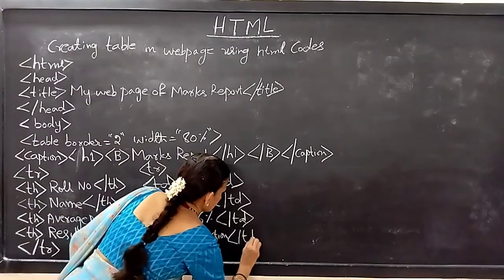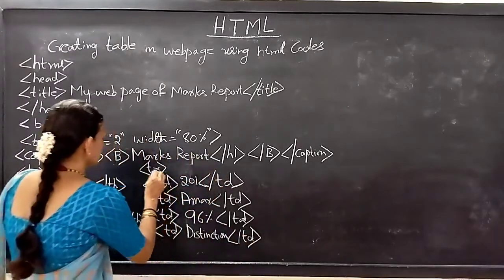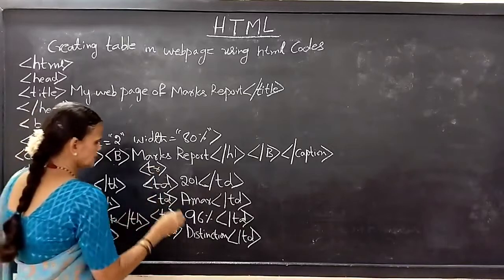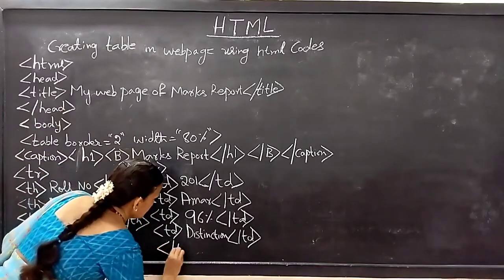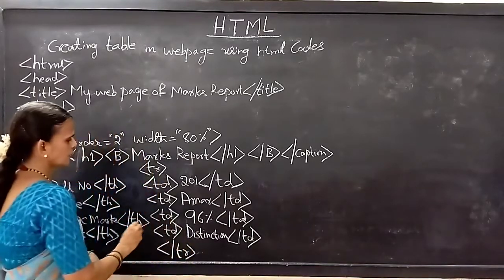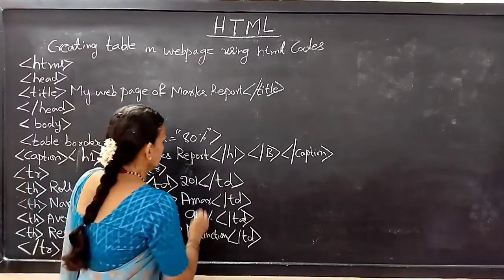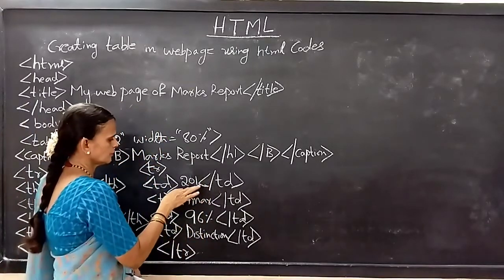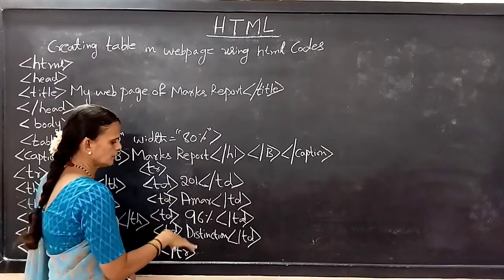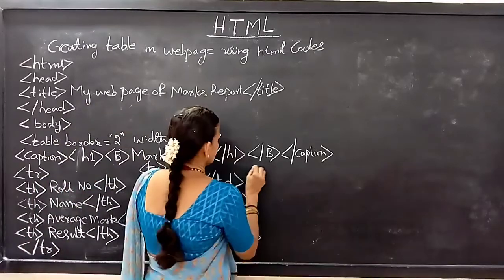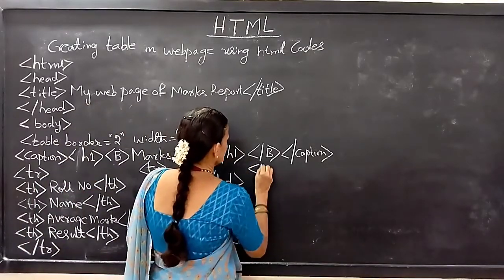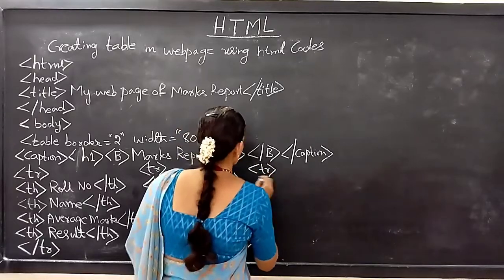Slash TD, that you know. Next we can close TR, that row we can close, that becomes the information of a student who is having roll number 201.